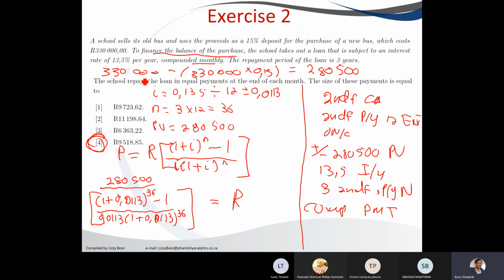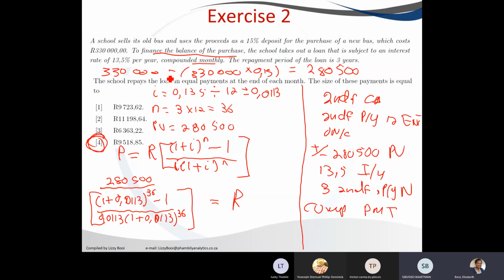At the end, you take away the 15% of the payment amount, which will work, but it's not the right logic to use.